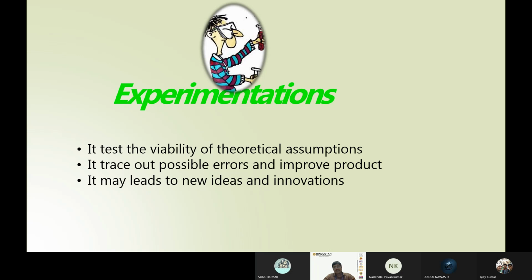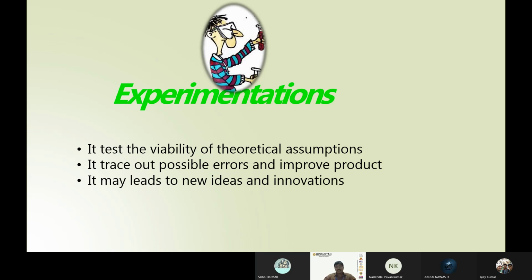After doing some experimentation, if you are getting the right results and it holds good with the theory, then we can say that yes, that is good. That is the proof you are having. Therefore, if you want to do some modifications, the first thing is you have to do the experimentation.